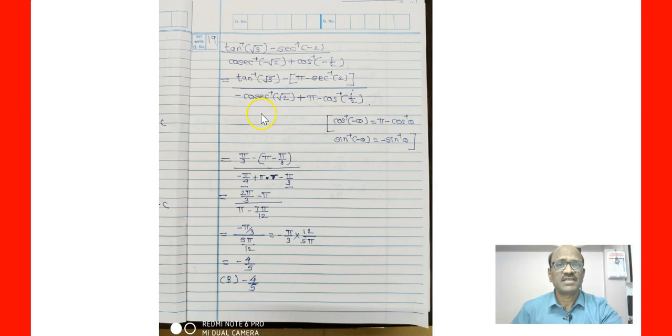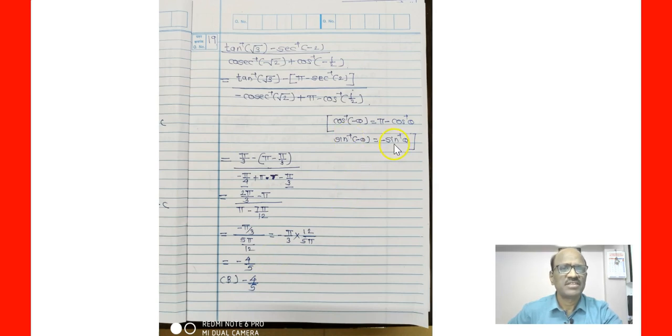Again the cosec inverse of root 2 is pi by 4, and here cos inverse of minus 1 upon 2 is pi minus cos inverse of 1 upon 2, and cos inverse of 1 upon 2 is pi by 3. After the simplification you will get the answer equal to minus 4 by 5, and hence option B is the correct one.